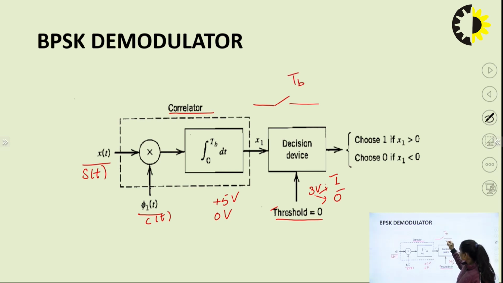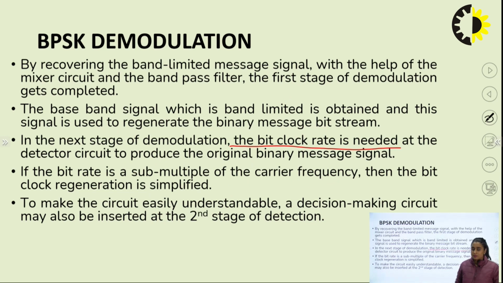This sampling switch gets closed at every Tb, so a clock is needed here. When to take the decision? After every bit duration, so that we predict exactly the same number of bits. Otherwise it will give continuous bits. So we need a clock at the detector circuit to produce the original binary message signal.